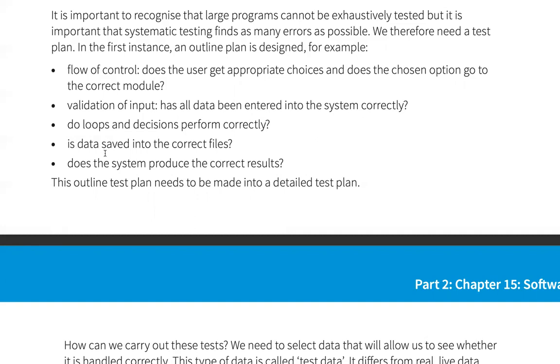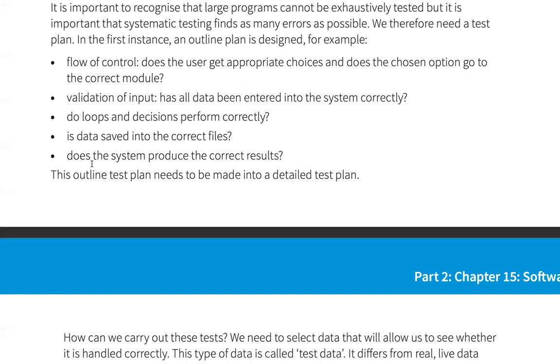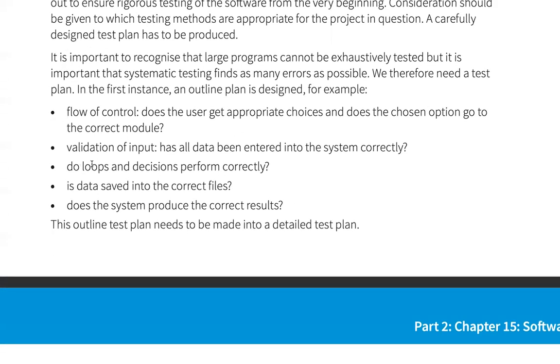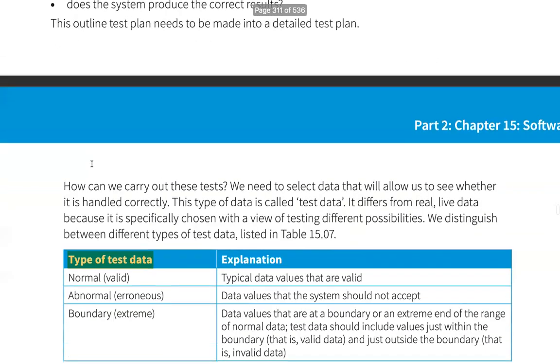Is data being saved in the expected, proper places? And does the system produce expected results? Is it working properly? So all these things have to be evaluated when we're creating a test strategy. We have to make sure that these things are highlighted in that test strategy.